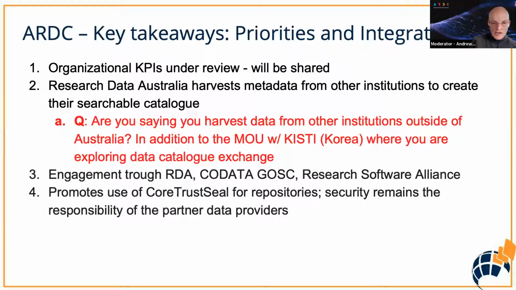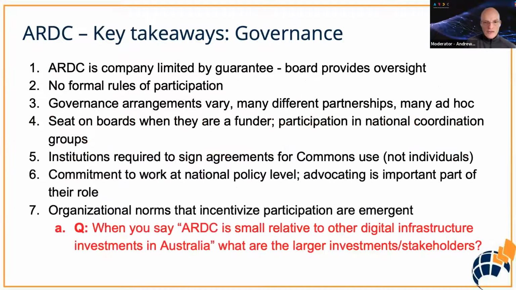We're also involved in a number of the Global Open Science Cloud task forces. And I'm on the steering committee for the Research Software Alliance, and the director of the Research Software Alliance, Michelle Barker, is in this meeting. We are actively promoting CoreTrustSeal for repositories. And one of the questions was, what do you do about security? And my answer was, we leave that to the people who are managing the data.